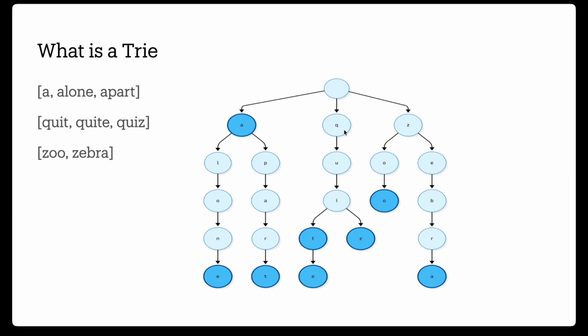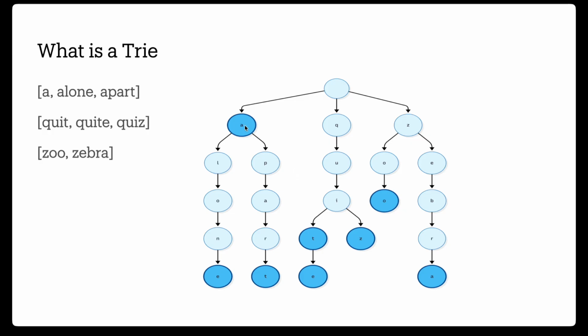Now notice that they all share the same prefix, QUI. What's really neat about this is that we don't waste any space for the prefix, even for completed words like quit and quiet.